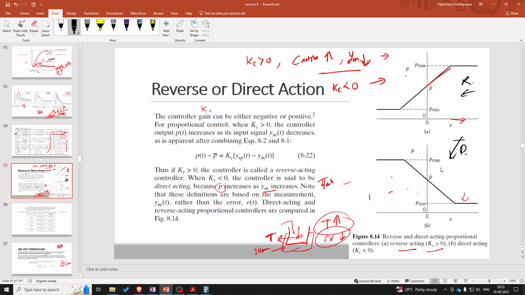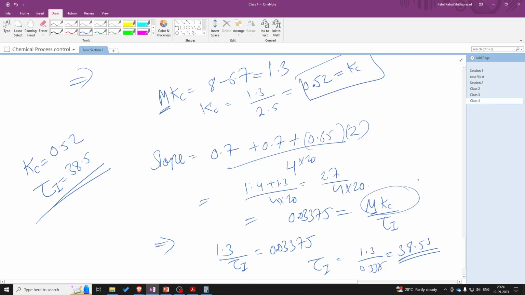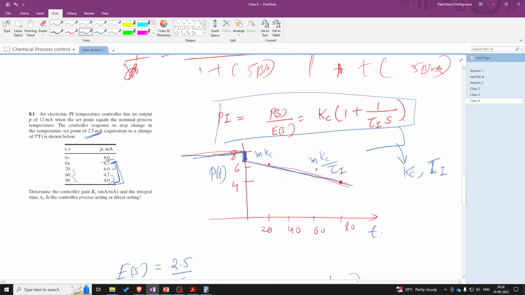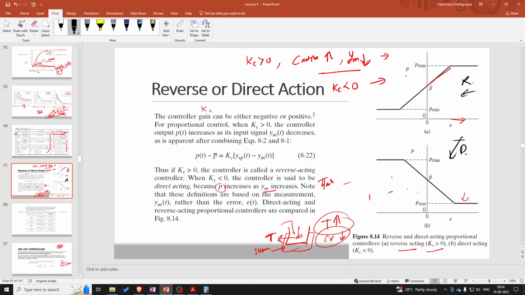So in our case, we had observed that with increase in the error, the output was decreasing. That is basically this plot. With increase in time, the response is decreasing basically. And also the value of Kc over here is less than 0.